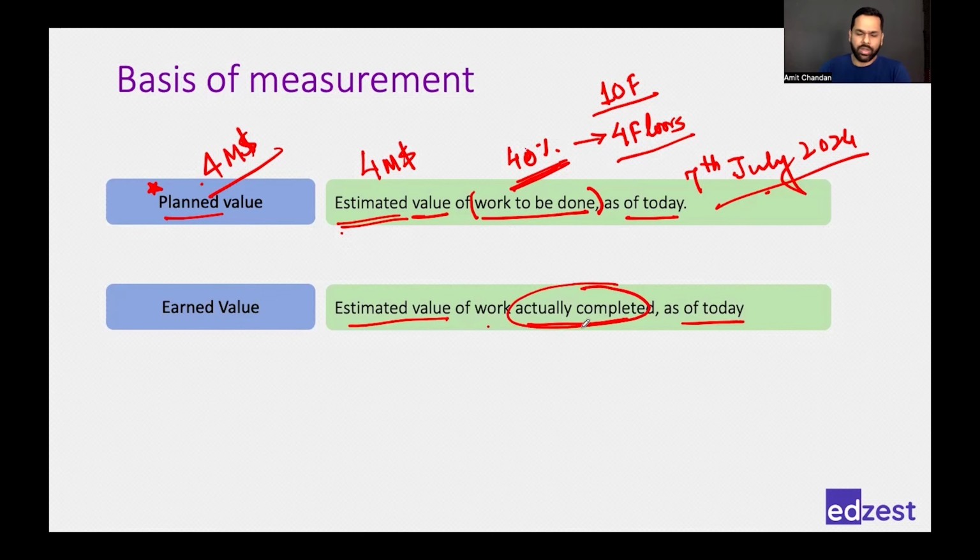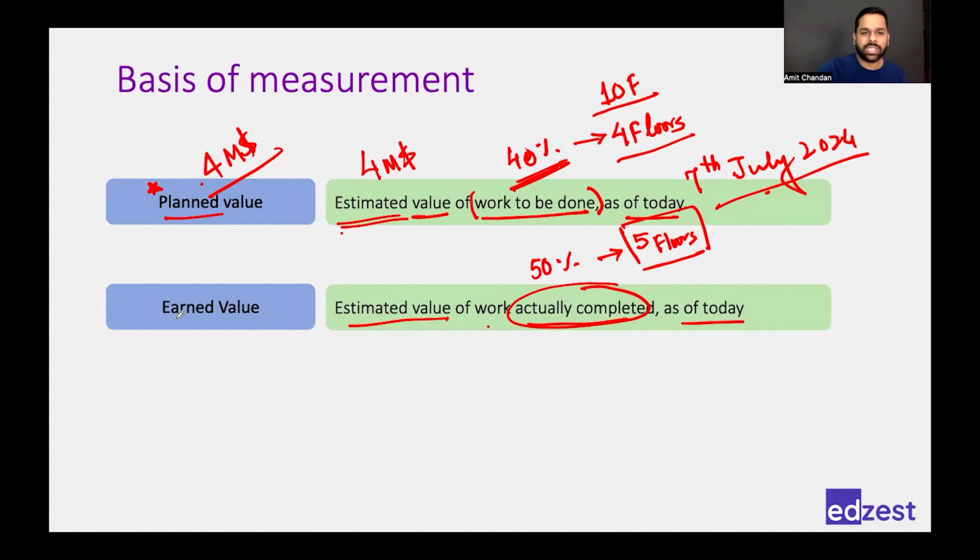Let us say we were good, we did a good job, and we could complete 50% of the work. Which means out of 10 floors, we completed 5 floors. Right? So instead of completing 4 floors, which was our plan, we did a great job and we could complete 1 floor extra, which means 5 floors.